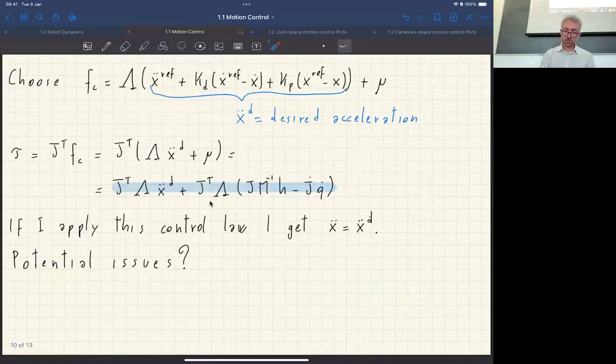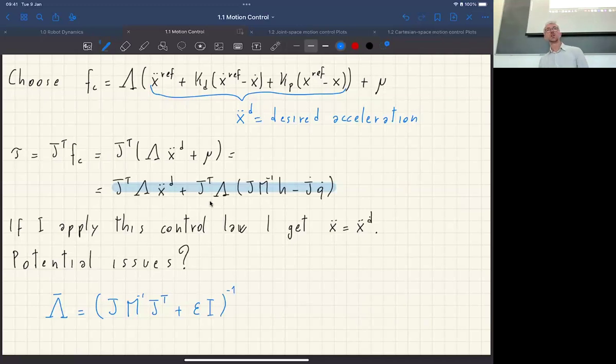So you could say that instead of using lambda, you're going to use lambda bar, which you may define in this way: (J M inverse J transpose plus epsilon times identity matrix) inverse.